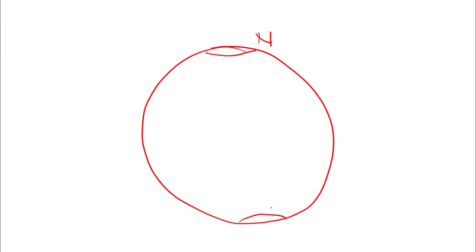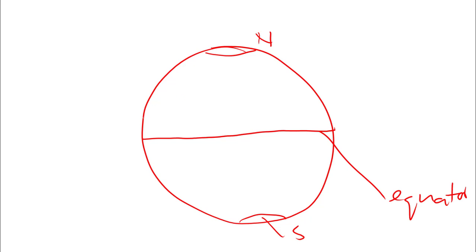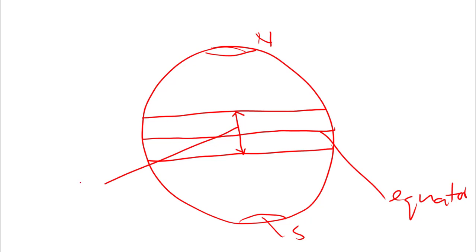We are going to find out the temperate part of the world. So this is our globe. I'm going to give you just an introduction to these various parts. This is North Pole and this is South Pole. An imaginary line drawn between the two poles is the equator. And then 23.5 degrees north of equator and 23.5 degrees south of equator, this 47 degrees is the tropical area, or tropics.